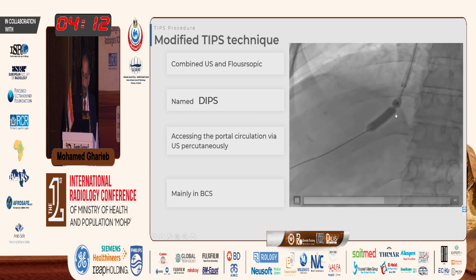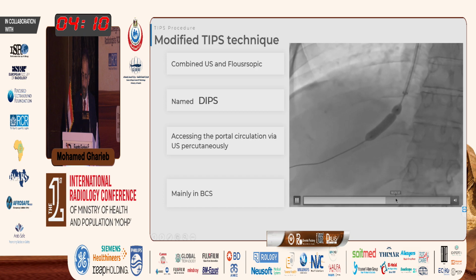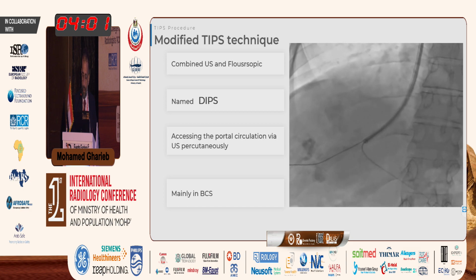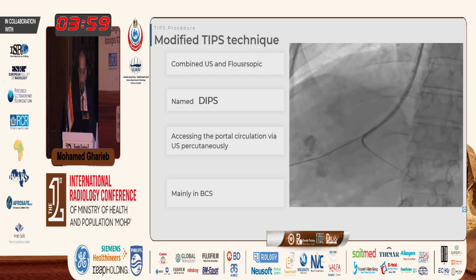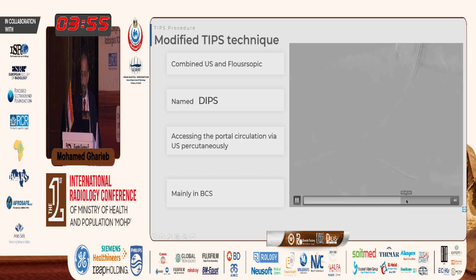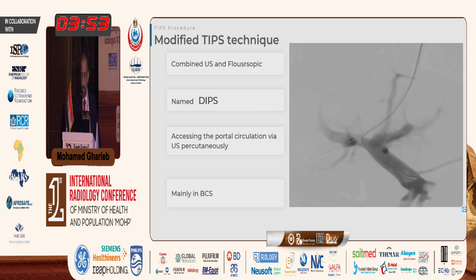This is the wall of the IVC. Pass a guide wire again beside this guide wire, and then we pass a catheter, do a portography, dilate the tract, and put the stent and measure the pressure.